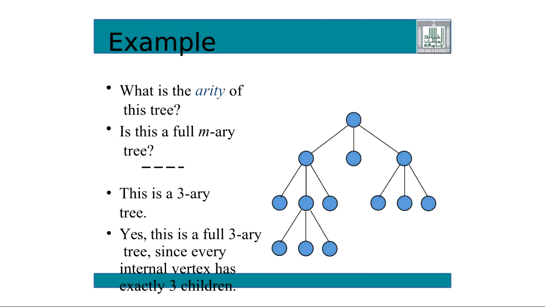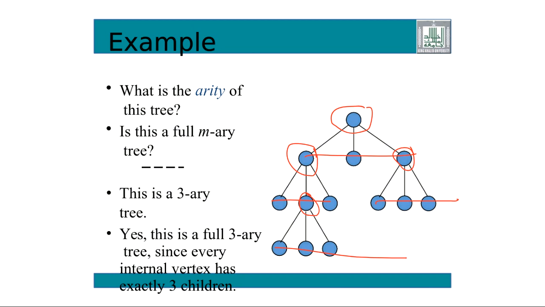Okay, and here see this one, we can say full 3-ary tree. That means each parent has 3 children, this 3. And this parent has 3 children, and this parent has 3 children, and this parent has 3 children. That means each and every parent has 3 children. We can say this is called a full 3-ary tree, exactly 3 children, that's why we can say full 3-ary tree.